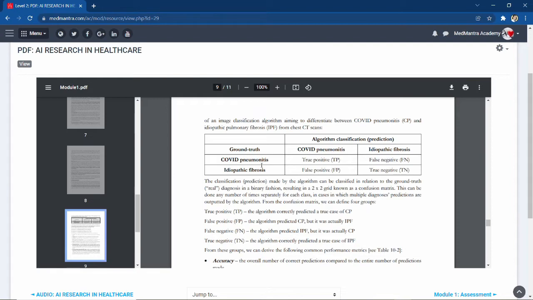So these are two different conditions: COVID pneumonitis and idiopathic fibrosis. The algorithm classification or prediction is mentioned here, and the ground truth is mentioned here.